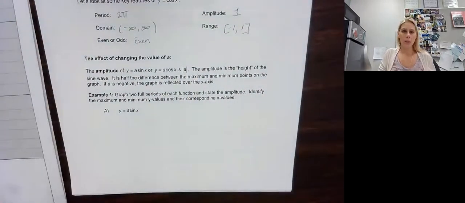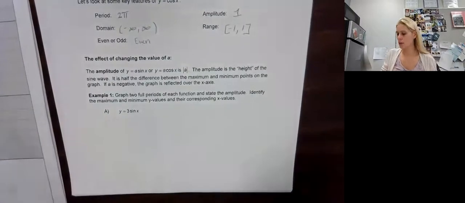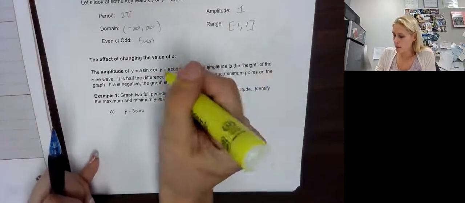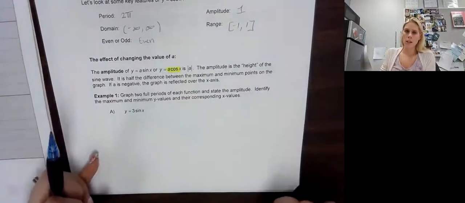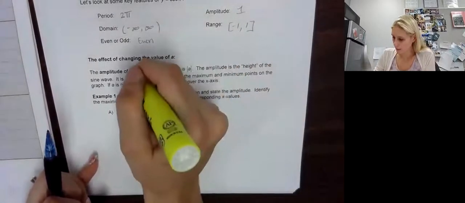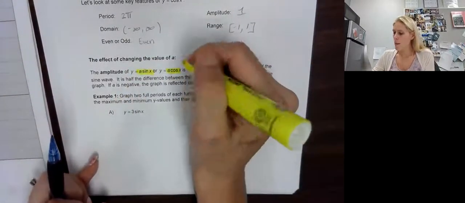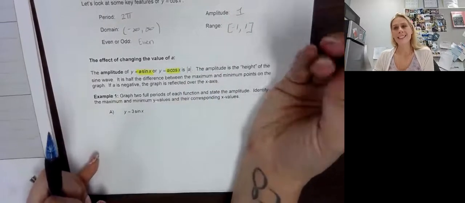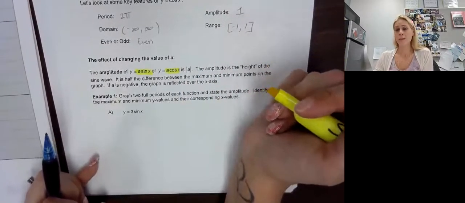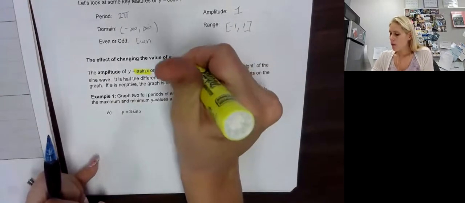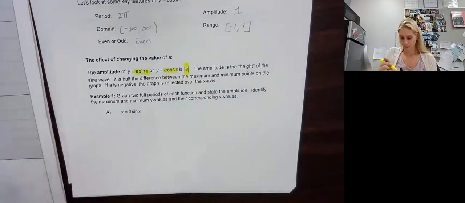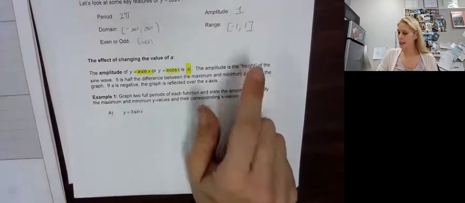So let's go back to the amplitude. The amplitude we get from the coefficient in front of our trig function, okay? It's that coefficient in front. But because amplitude is height, it's a distance. I would never say I'm -2 feet, right? So it's the absolute value. And see, they use it for height too.